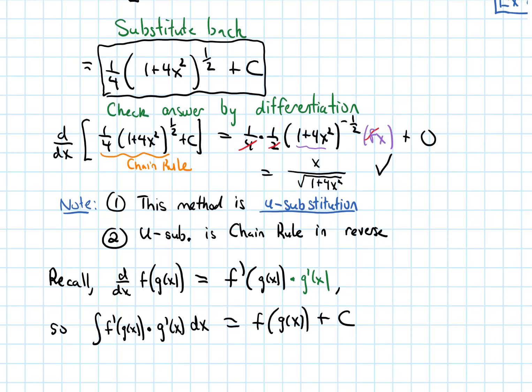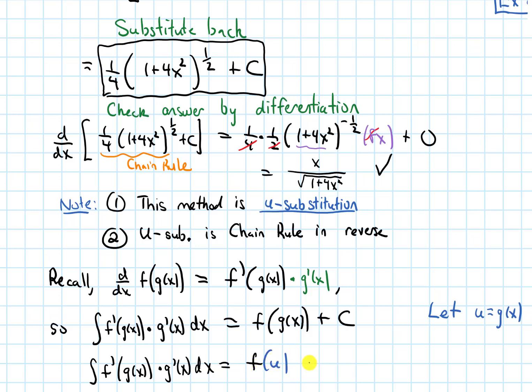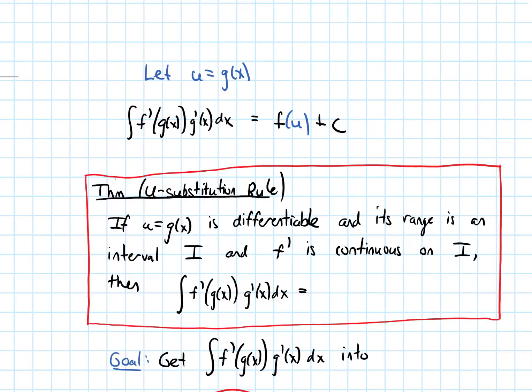So what I'm going to do now is show what happens to this if we make a substitution. I'm going to let u be equal to g of x. If we do that, this integral that we have of f prime of g of x times g prime of x dx will be equal to, and this quantity becomes f of u when I make my substitution, plus c.